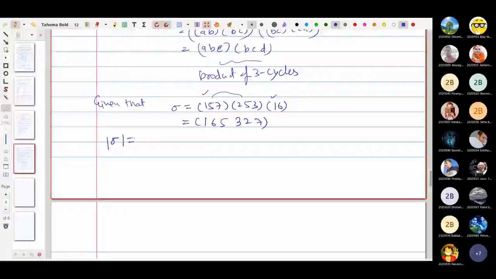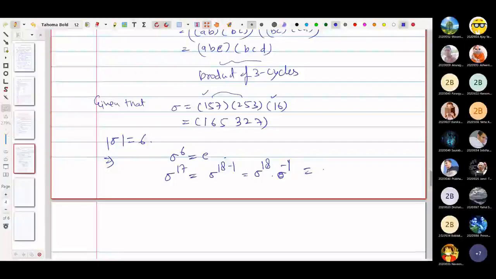So the order of sigma will be equal to what? Anyone? What is the length of this cycle? 6. So the order of sigma is going to be 6. This implies that sigma to the power 6 equals the identity. Now they want sigma to the power 17. We can write it as sigma to the power 18 minus 1, like sigma to the power 18 times sigma to the power minus 1.